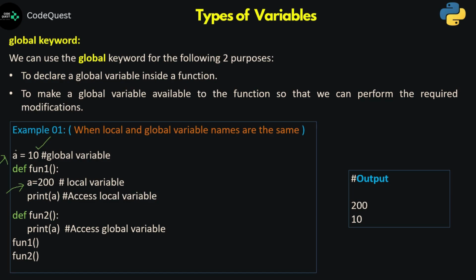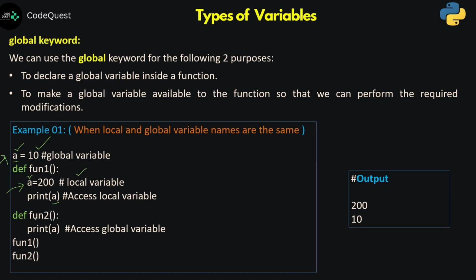So now the situation is that the names of both variables are the same. If the names were different, there would be no problem. I could access it inside fun1, and also in fun2. But because this local variable name and global variable name are matching, whenever I'm trying to access this a inside fun1, this print a is going to access the local variable only.